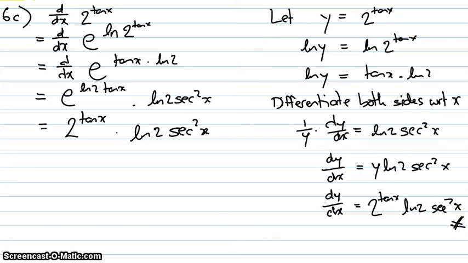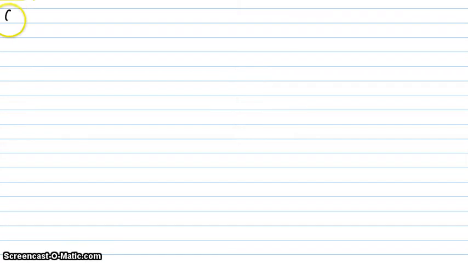Right, last one now. Let's take a look at 6d. 6d asks us to differentiate x to the power of ln x. So we need to use a similar trick to last time. So you can always say let y equal to x to the ln x here and use the same trick that we did last time.